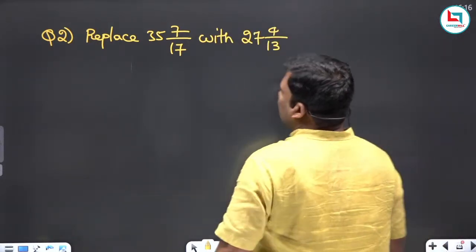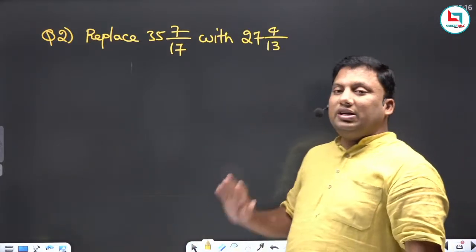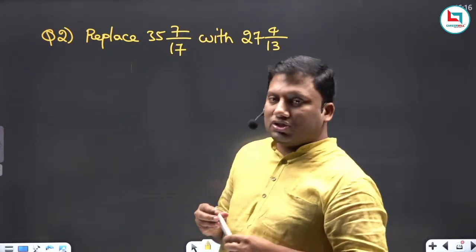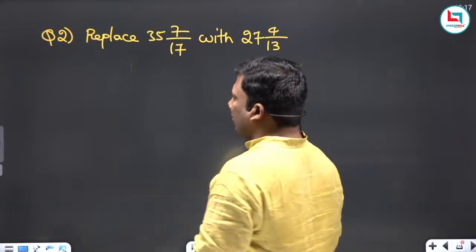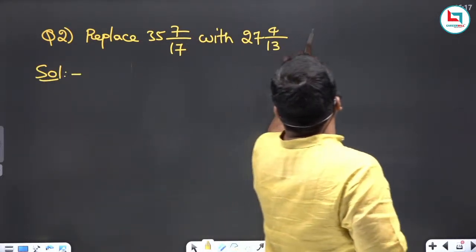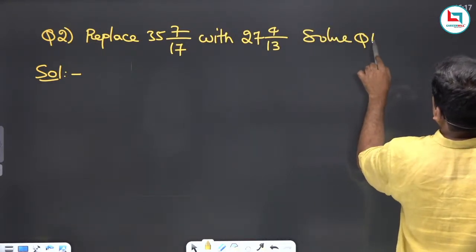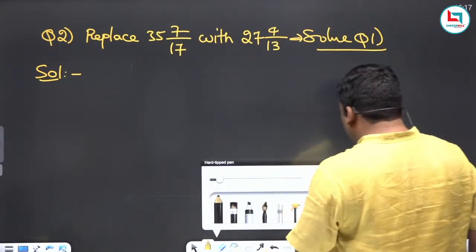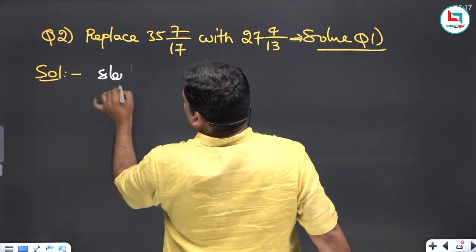In case any student has not understood the first question, that is the reason I changed the mixed fraction to another value. Same thing: replace 35 7 by 17 with 27 4 by 13 and solve question number 1 again. Again I am explaining. Step number 2 onwards, there will be a change.